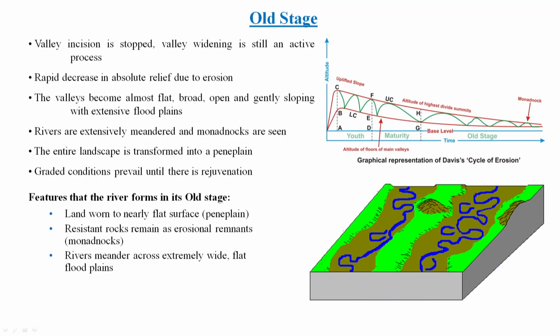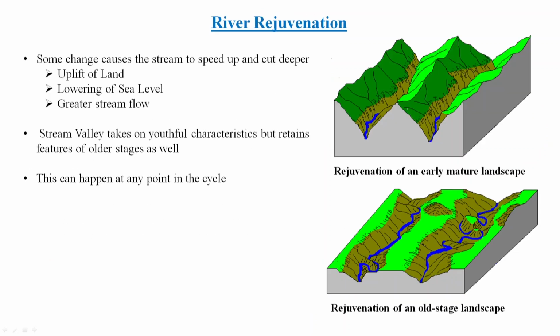But here, just to mention that meandering rivers are very characteristic of an old stage of a river, though meandering starts from the mature stage. You can see the different landforms related to a meandering river, and that kind of features you will mainly get in case of an old stage river.